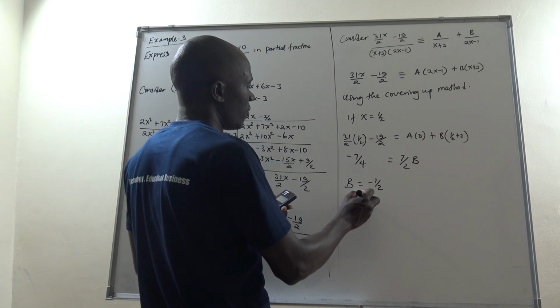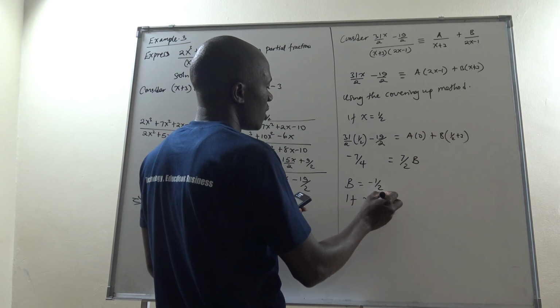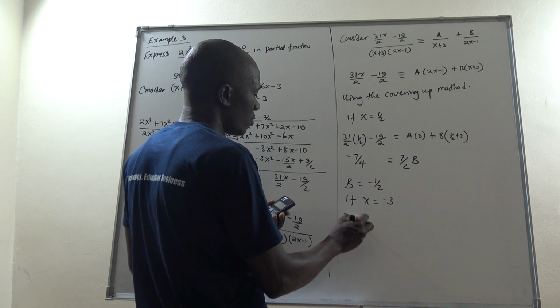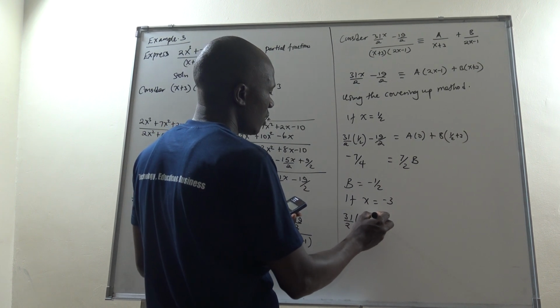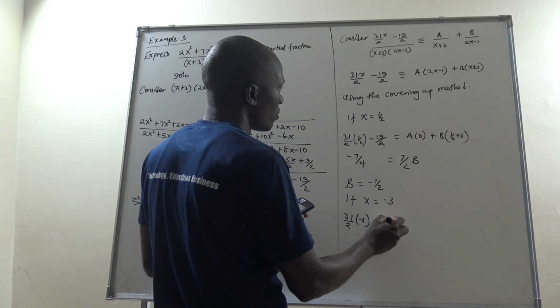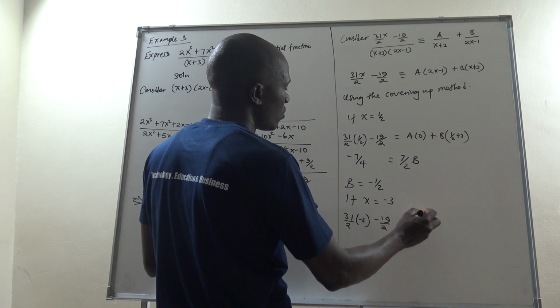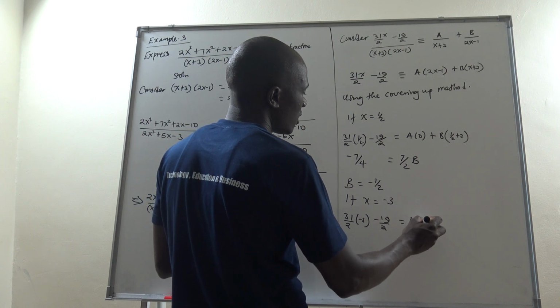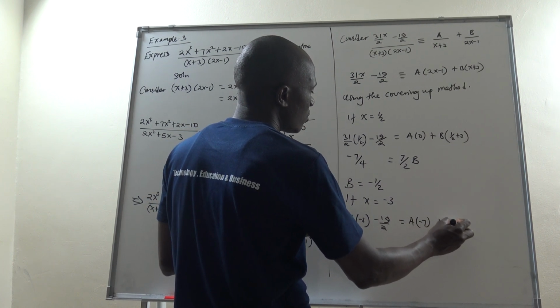Again we say if x equals negative 3, can we substitute it? 31 out of 2 into negative 3 minus 19 out of 2 is equal to a into (2 times negative 3, you get negative 6, minus 1, you get negative 7) plus b into 0.